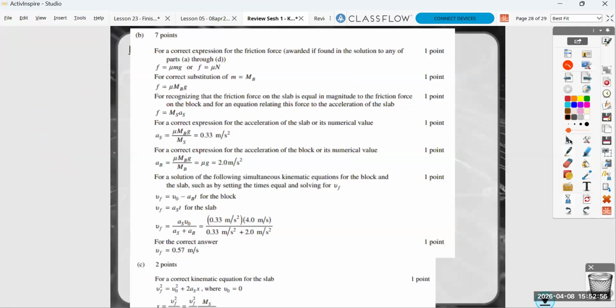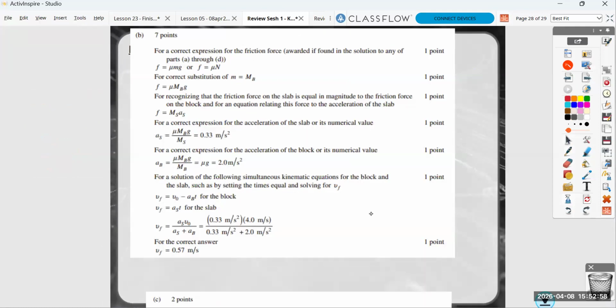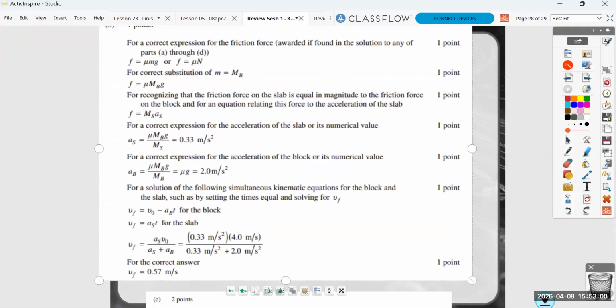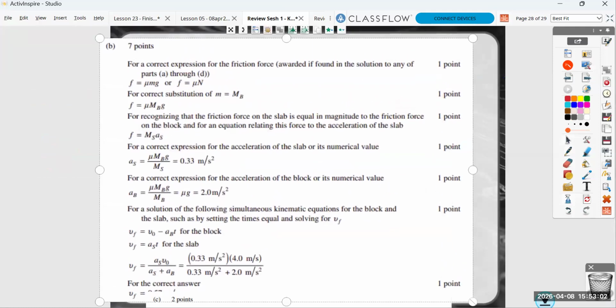All right. So this is a little bit funky just looking at the rubric. This is like a 7-point question. If you do it the way we did it, there's a couple points for finding basically all the work you have to do to find the 2 accelerations is like 5 points because you have to correctly set up all of the free body diagrams.